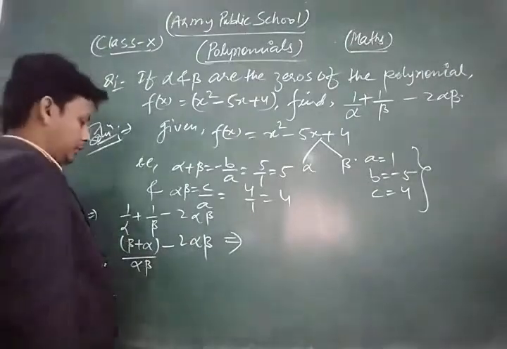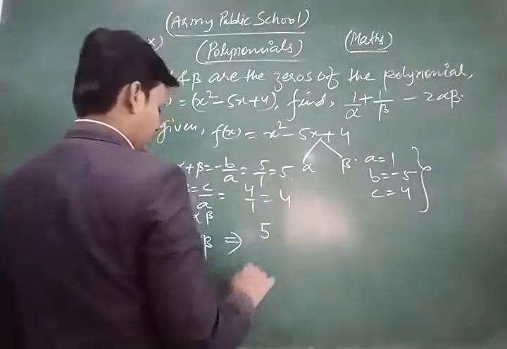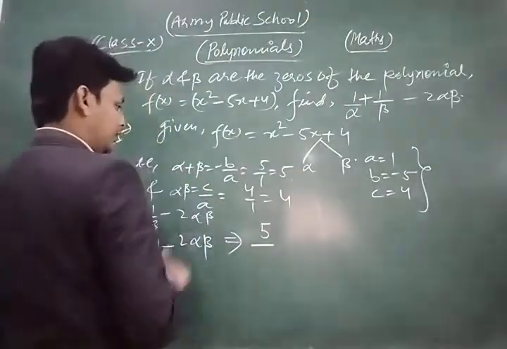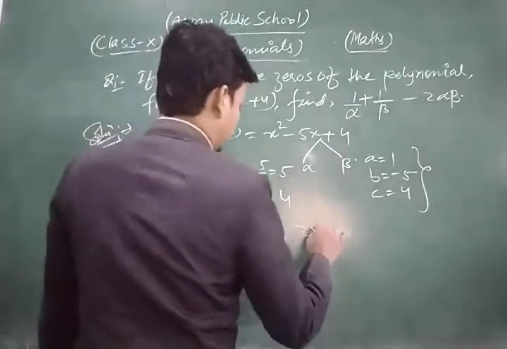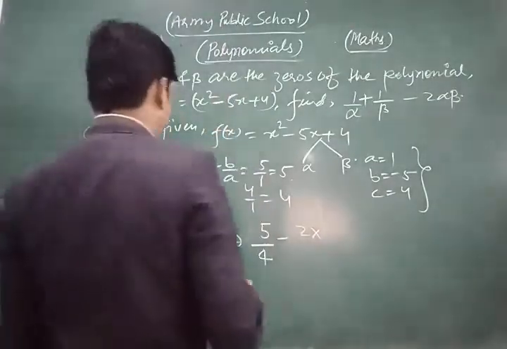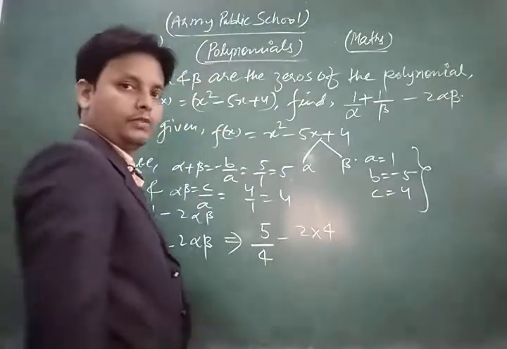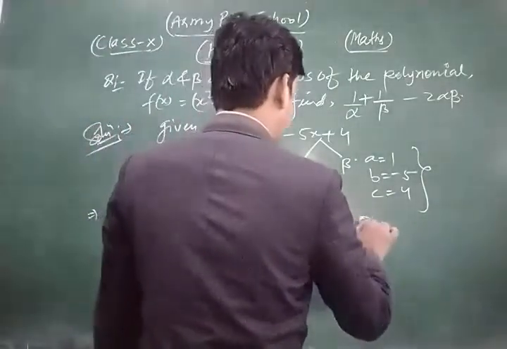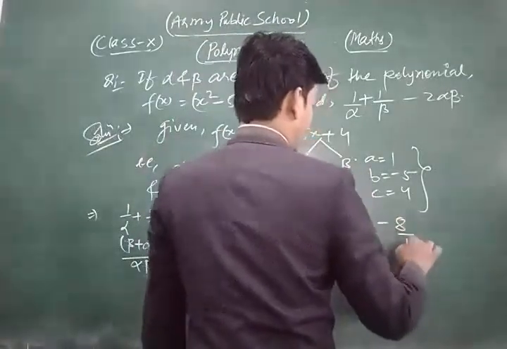Now from there we put the values of alpha plus beta and alpha beta in that expression. So alpha plus beta is 5 here upon alpha into beta, this is 4 here, minus 2 into alpha beta, which is 4. Now we simplify them, so we get 5 upon 4 minus 8 upon 1, we can write.